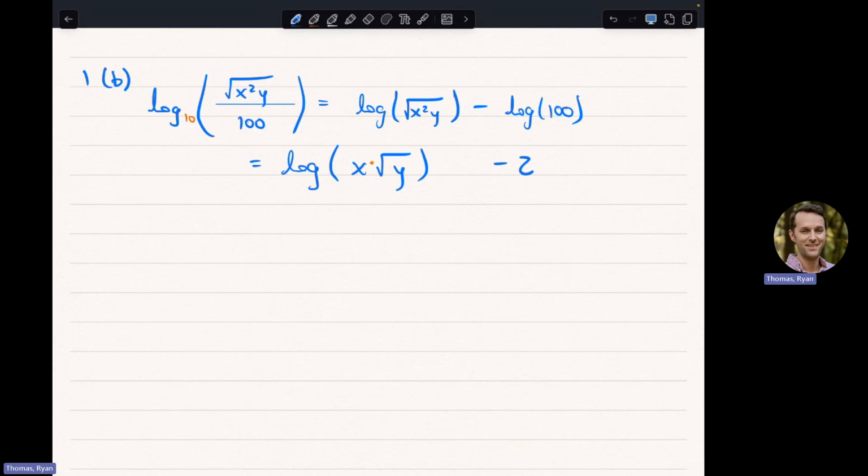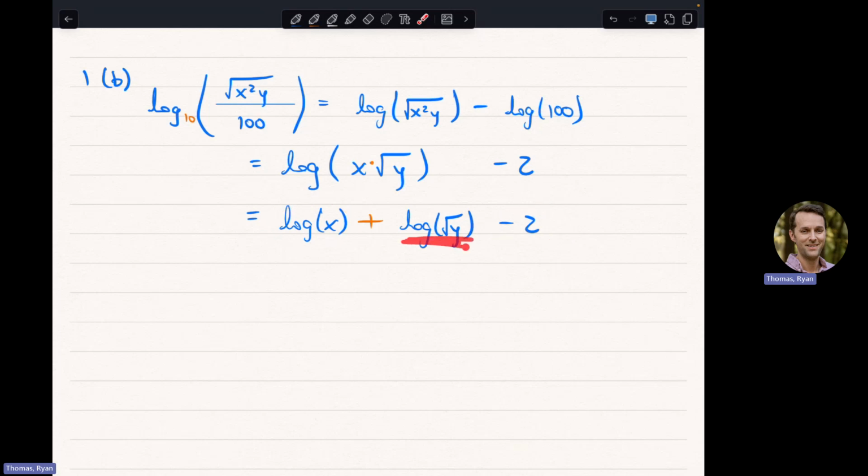And then because there's a product there, we can break that up as well. So we get the log of x plus the log of the square root of y, using the product rule there. I can't do anything else to simplify this. Can't do anything else to simplify that.